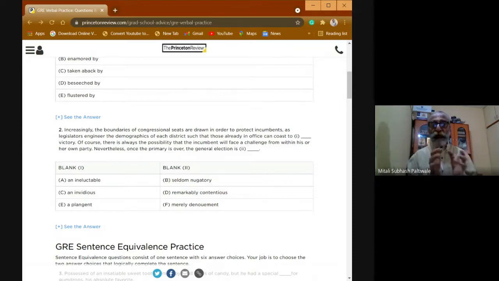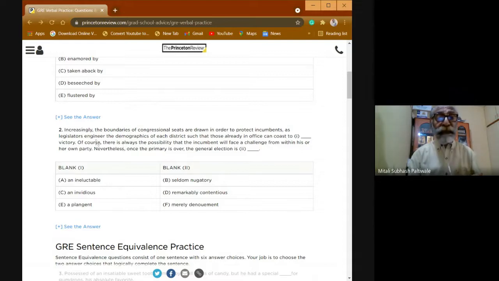Why have they drawn the boundaries? That is the question here. They have drawn the boundaries to protect incumbents, which means to protect the new incoming members, those who have joined the party and are contesting for the election.